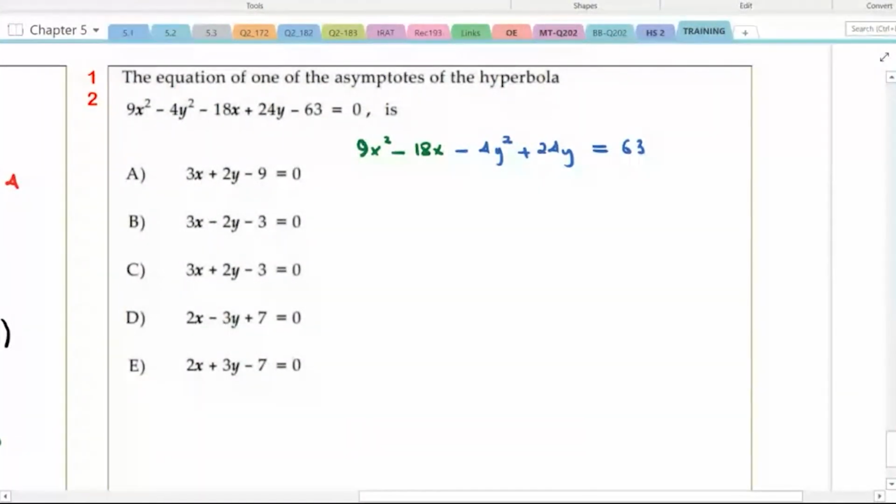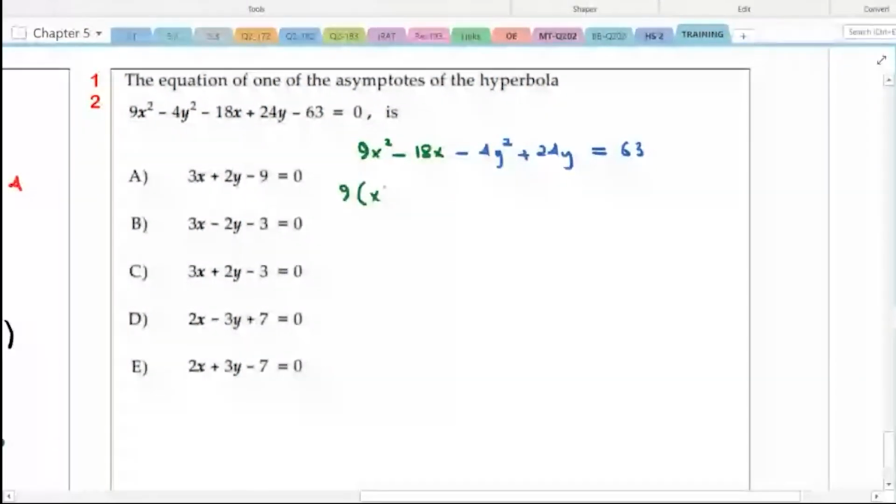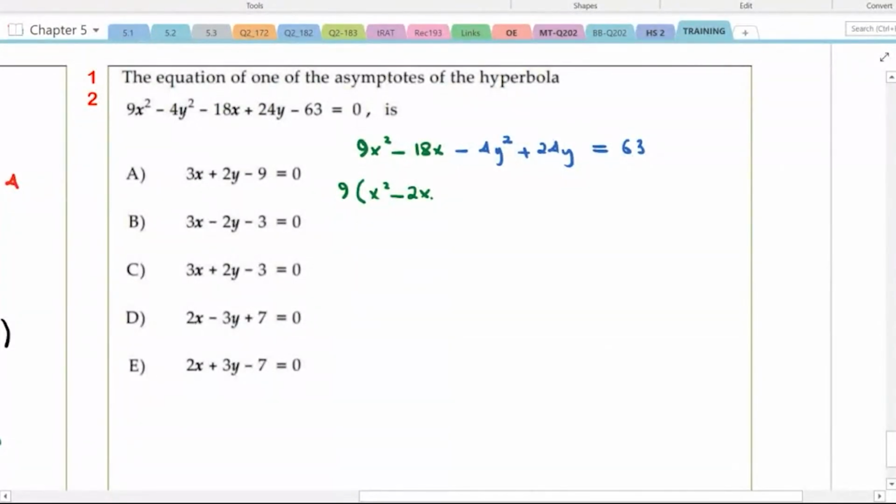Now, before we do the completing the square, we are going to take the common factor. For the first one, the common factor is 9. So 9 outside, then we have x squared minus 2x. Now, do completing the square here. We take minus 2 multiplied by half, that is minus 1 squared, which is going to be plus 1.